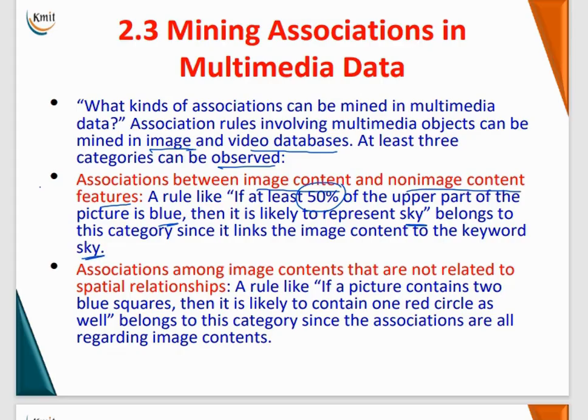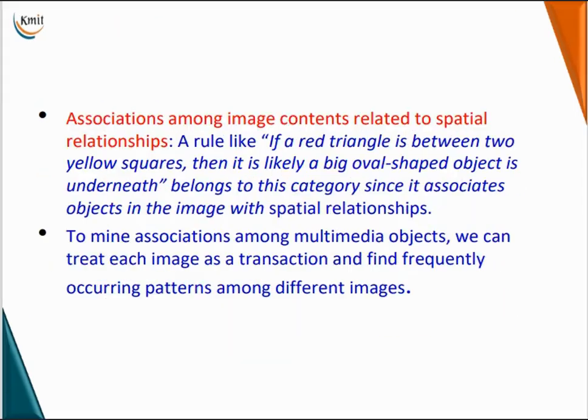Next, association among image content that is not related to spatial relationship. A rule like, if a picture contains two blue squares, then it is likely to contain one red circle as well, belongs to this category since associations are regarding image contents.